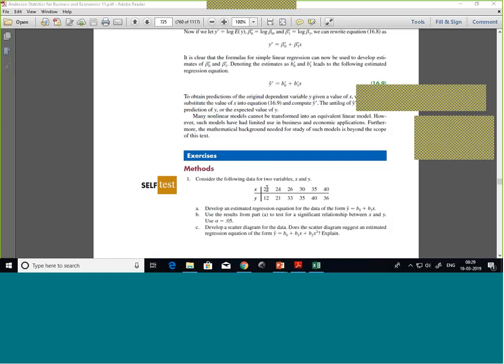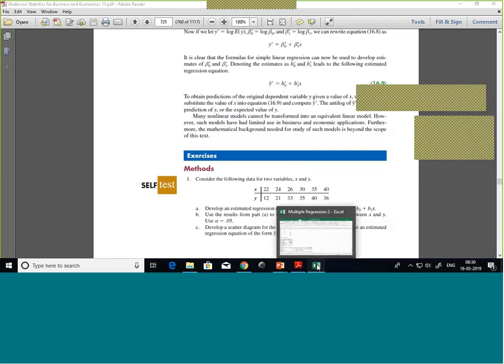Then use the results from part A to test for a significant relationship between x and y. So we want to find out the tests of significance for relationship between x and y. We were asked to take alpha as 0.05. Please remember both F test and t test do the same thing for a simple linear regression equation.